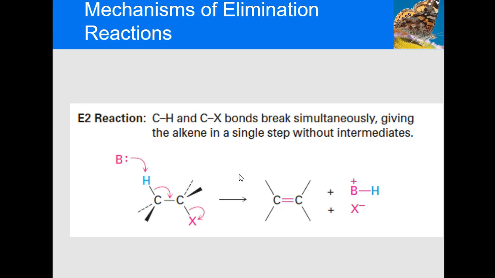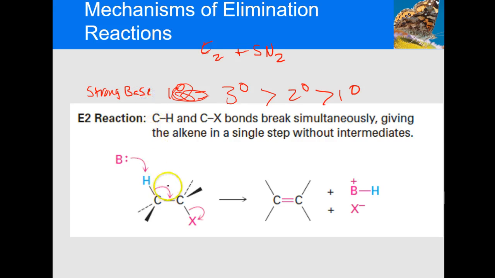Okay, E2. It doesn't matter if it's primary, secondary, tertiary. These equally, actually it's not true. Believe it or not, a tertiary actually goes faster than a secondary, goes faster than a primary. The reason is because it hinders this carbon. Remember, there's a competing reaction between E2s and SN2s because I have a strong base.